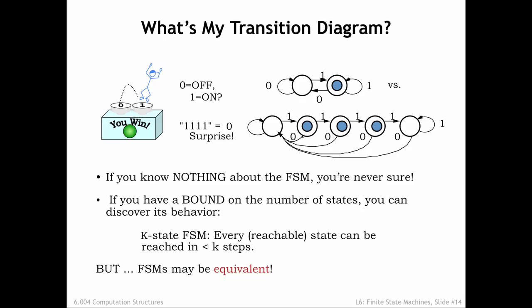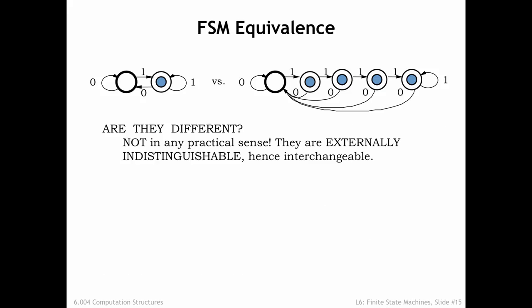Our answer is also complicated by the observation that FSMs with different number of states may be equivalent. Here are 2 FSMs, one with 2 states, one with 5 states. Are they different? Well, not in any practical sense. Since the FSMs are externally indistinguishable, we can use them interchangeably.